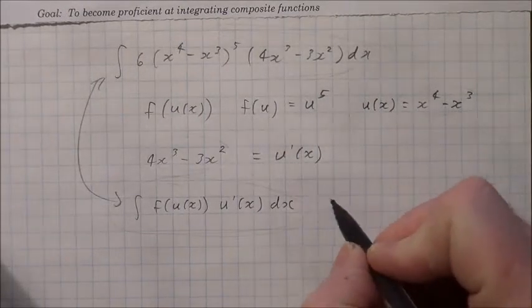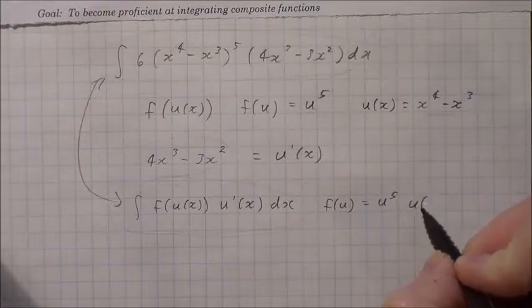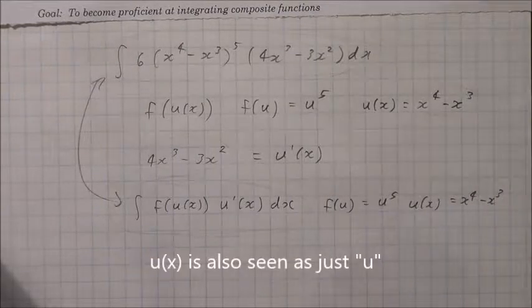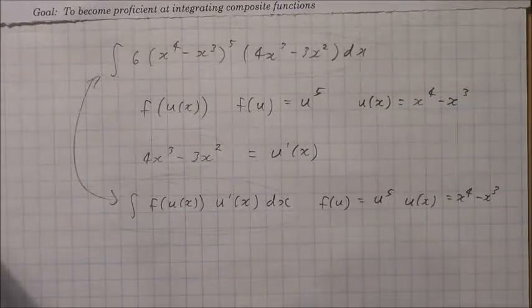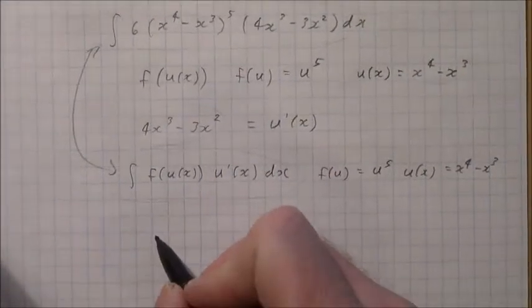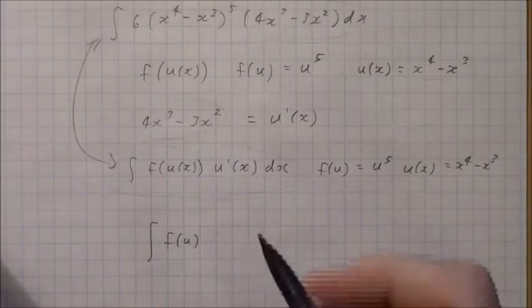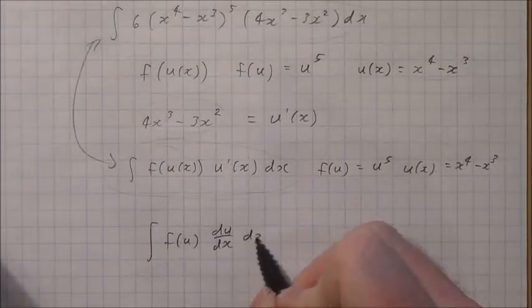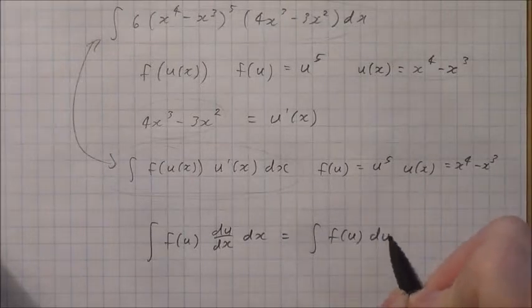And we know that f of u in this case is u to the power 5, and u of x is x to the power 4 minus x cubed. We've stated that before, but it doesn't hurt to restate. There's a theorem that tells us that the integral of f of u times du by dx multiplied by dx is the same as the integral of f of u du.